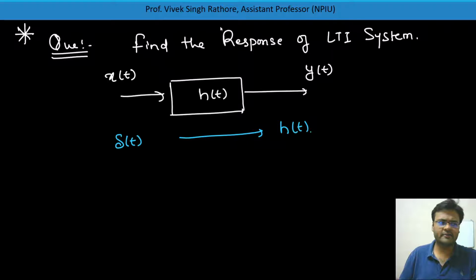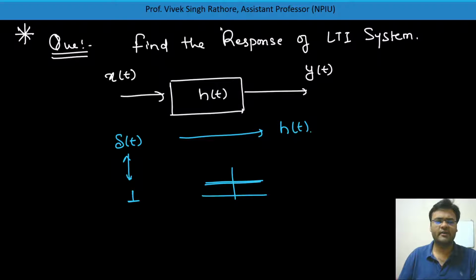Delta t is in the time domain. If you take its frequency part, you will get 1, so it is covering all frequencies. That is why, for seeing the response of a system at all frequencies, we give input as delta t, and we can see how the system works at all frequencies. And it is an identity signal, so we can put h(t) directly here.